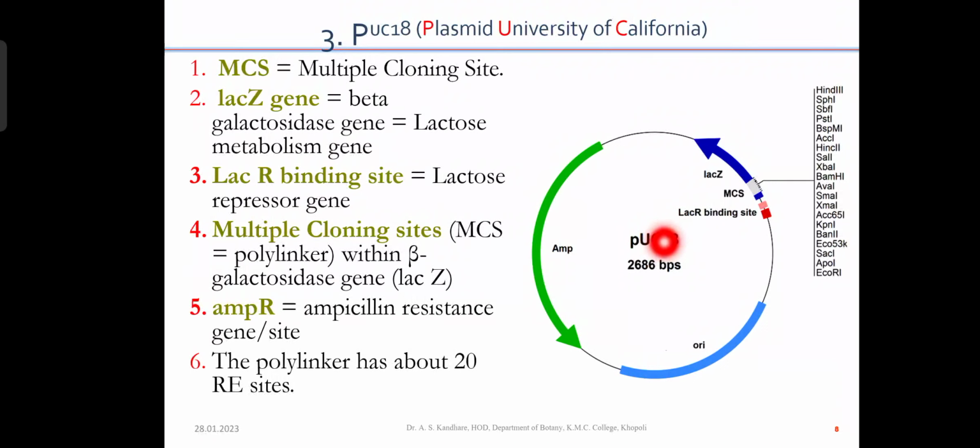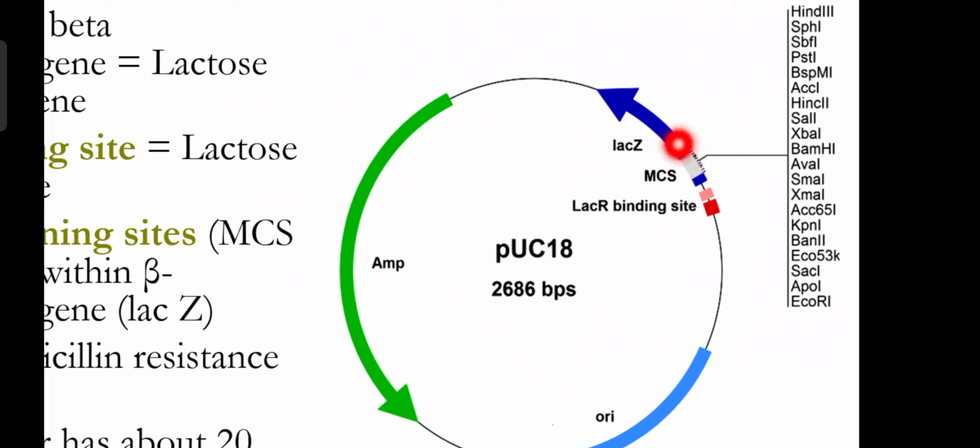pUC18 consists of 2686 base pairs. So this entire vector consists of this many base pairs. It has an ampicillin resistance site, an origin of replication site, and here the important thing, that is the lacZ gene. Within this lacZ gene there is the lacR binding site.